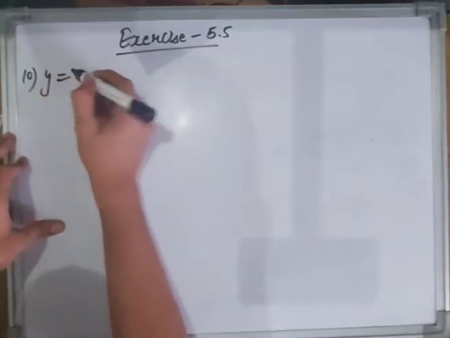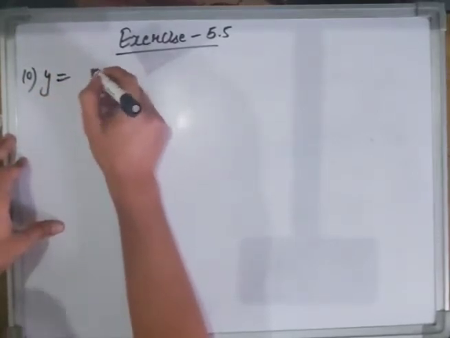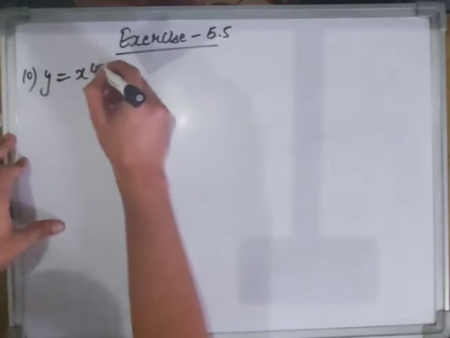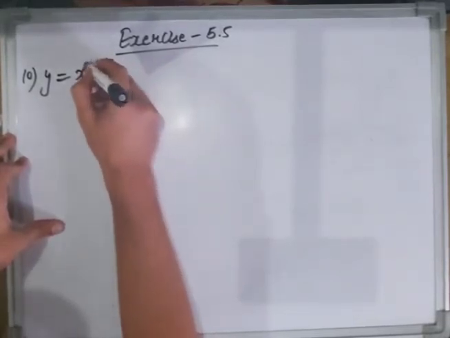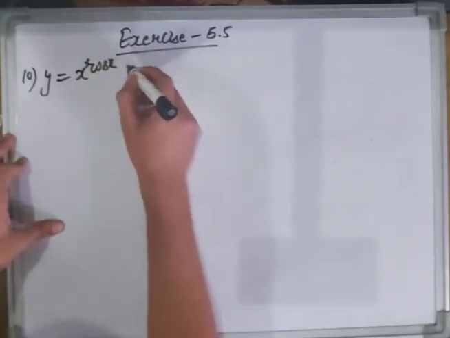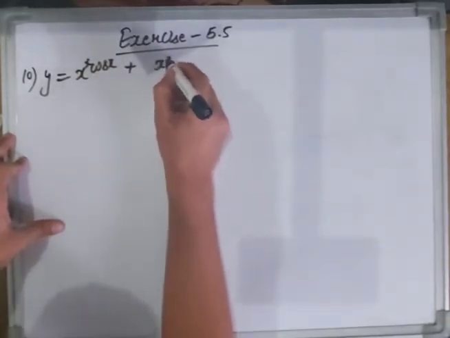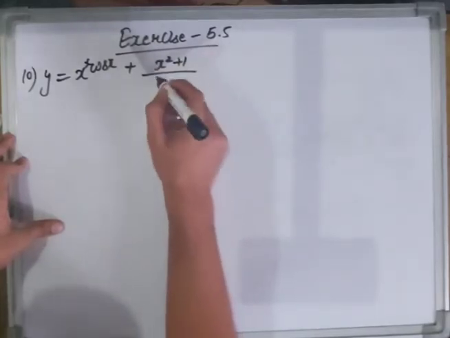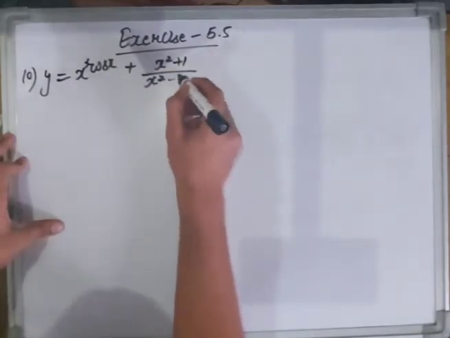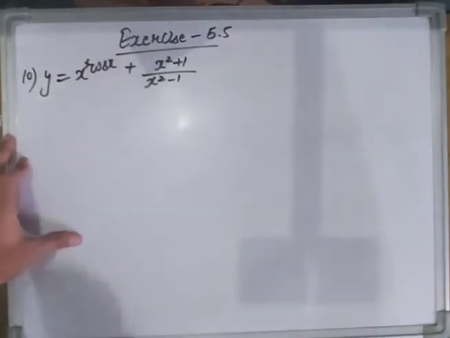I am assuming the question as y equals x to the power x cos x plus x square plus 1 upon x square minus 1. So this is our question.